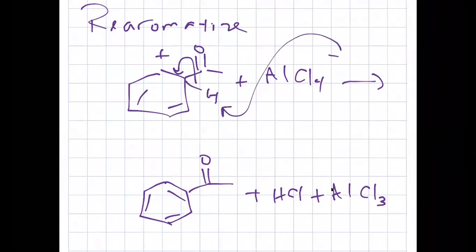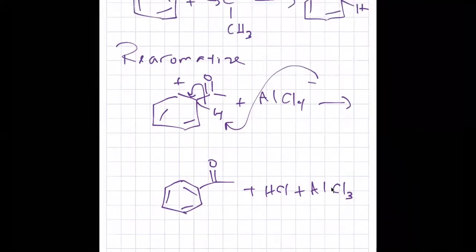All right. Any questions about that? About the mechanism for the acylation, for the halogenation, for any of the reactions we've done? All right. So again, let's ask this question.